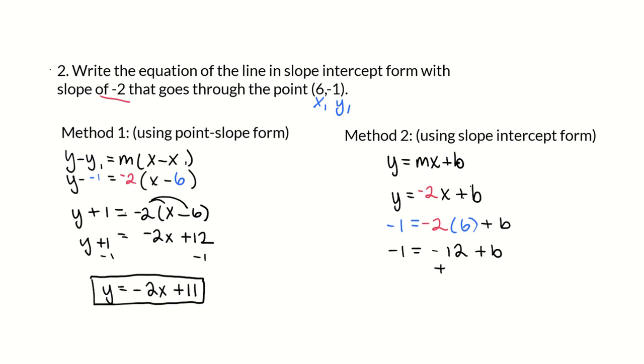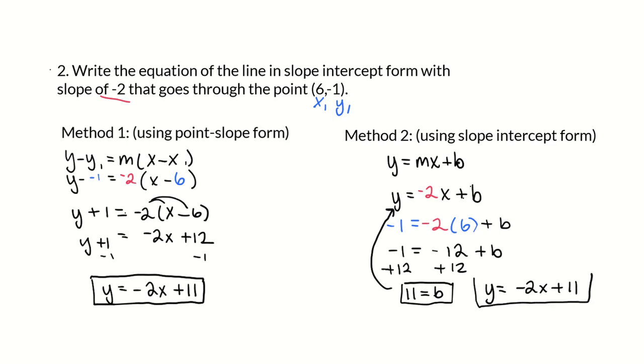To solve for b, we would add 12 to both sides to get 11 equals b. So that means our y-intercept is 11. Plugging that now back into this slope-intercept form that we started, that would be y equals -2x plus 11. So you can see that using either method, we reach the same answer, so both are valid.